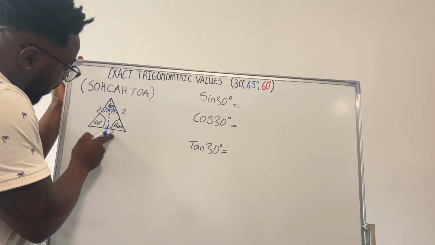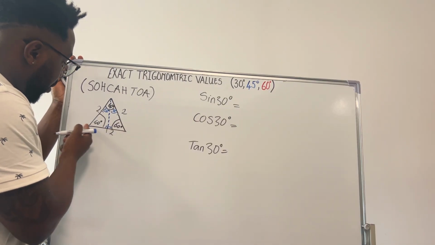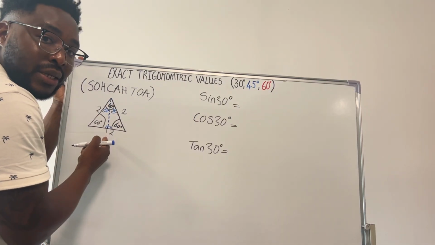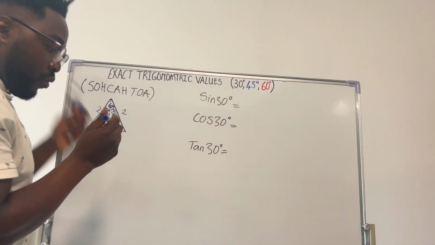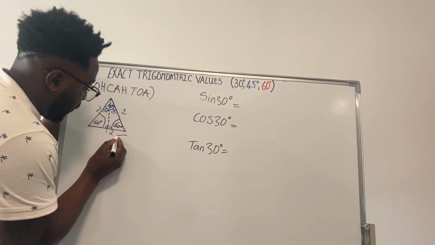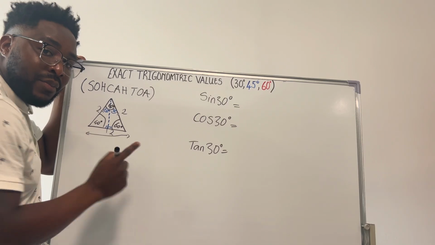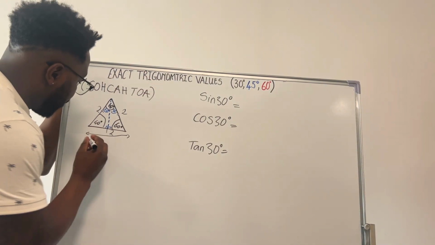Now, what has happened to our bottom part here? So the whole unit is 2, right? But our perpendicular line has divided it into two congruent triangles, right? So the whole of this part has a unit of 2, but it's been divided into congruent triangles.